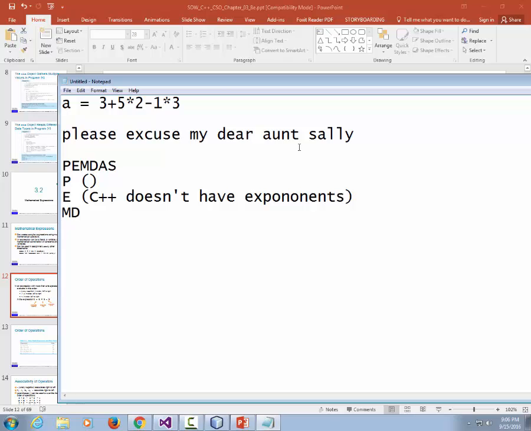And then multiplication, division, and modulus all occupy the same precedence. And if things are at the same precedence, you just do them left to right. So multiplication, modulus, and division. And then lastly, addition and subtraction.